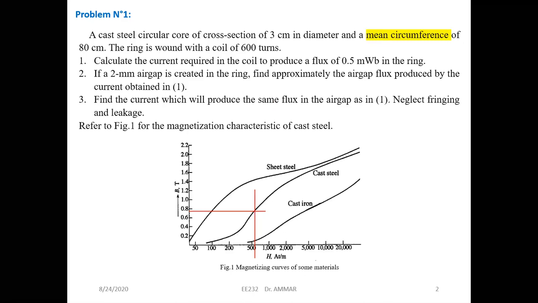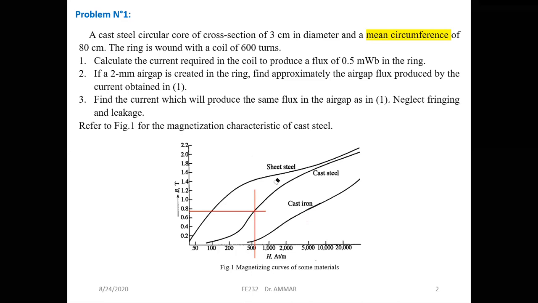Since we have a value of 0.707 Tesla from this graph, and the material here is cast steel, we can determine the required value of H that achieves a flux of 0.5 milliweber. So maybe in some exercises in an exam or in a control, I may give you figures like this, which are the magnetizing curve, or you may call it a magnetizing characteristic, in order to determine such quantities like B and H.